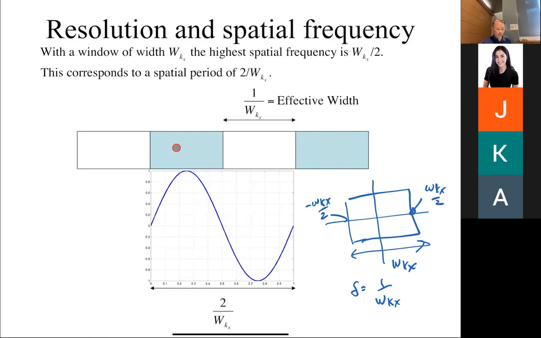It has the spatial frequency is this, right? So something with the sine wave with this frequency and this period. So this is a period of 2 times 1 over w, 2 over w gives me the effective width of 1 over w. Okay. So that just means that this w over 2 is essentially this highest spatial frequency that I acquire.